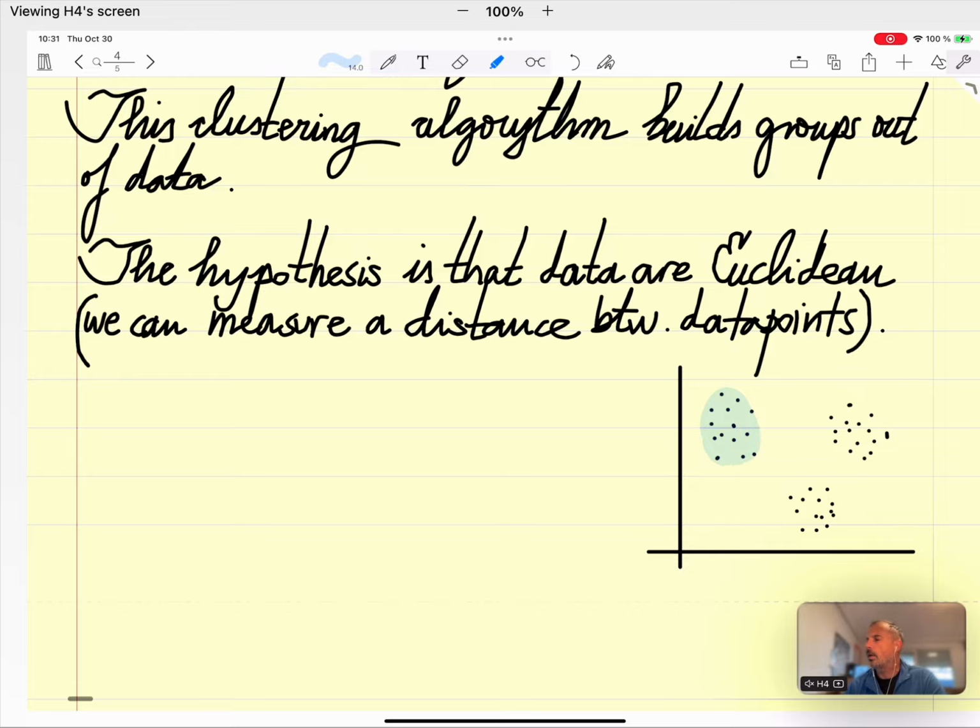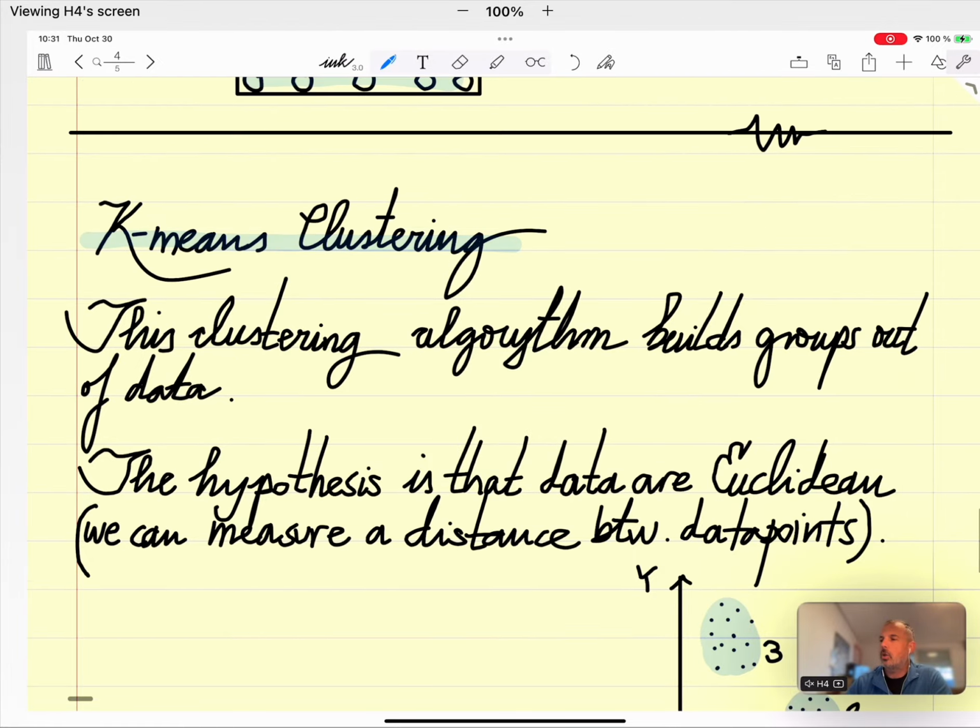Our algorithm will be able to discern what are the groups here, group 1, 2, and 3 of these different clouds of points without any additional information, okay? We just need to tell the algorithm how many groups we're looking for. K, it's called K-means clustering.